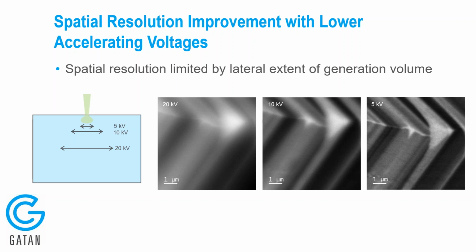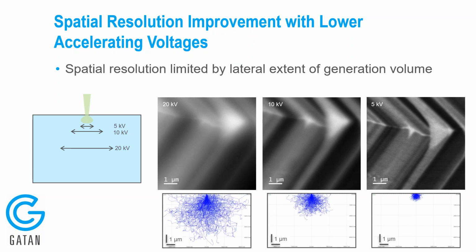Now we generally have free control over the accelerating voltage we set in the electron microscope. And so we could choose any voltage we want between typically a few hundred volts and 30 kV. And we can quantitatively work out what we expect the image resolution to be by performing these simulations of how the interaction volume is formed within a material.